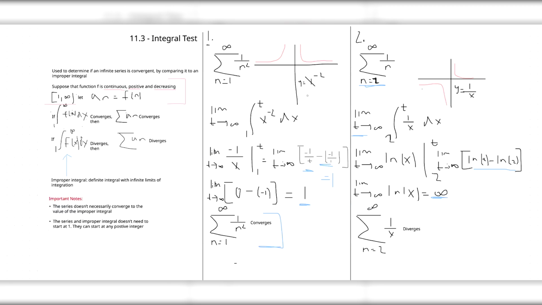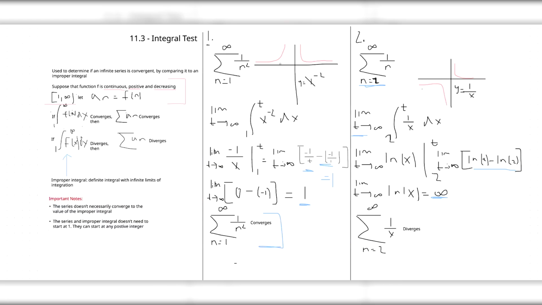Notice I've rewritten it as x to the negative 2. I think that's a little bit easier for later when we do the integration. But you can see that on the area that we care about, it is continuous, positive, and decreasing, even though there's a discontinuity somewhere else in the graph, right? But that doesn't matter for what we're concerned with here.